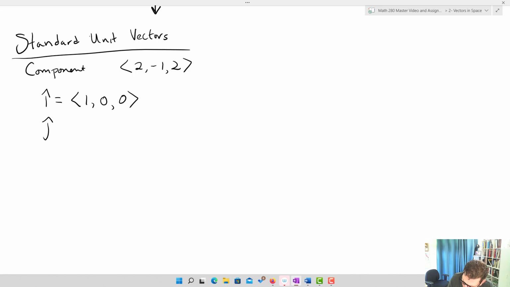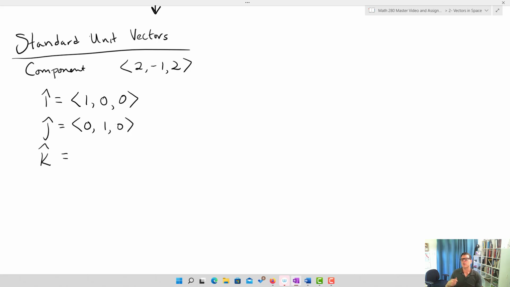Then j has a 0 in the x component, a 1 in the y component, and a 0 in the z. And then k is now our third standard unit vector. We'll need 3 of them to generate all of our 3D space.